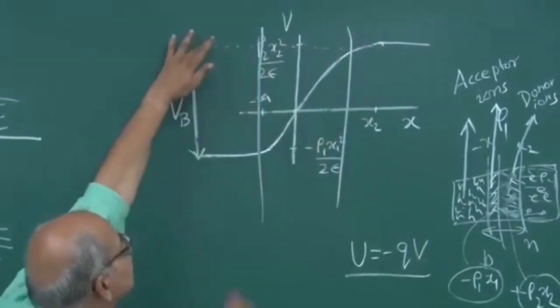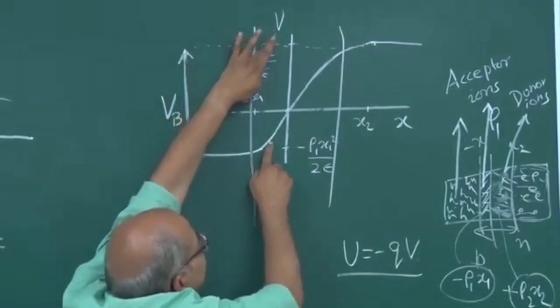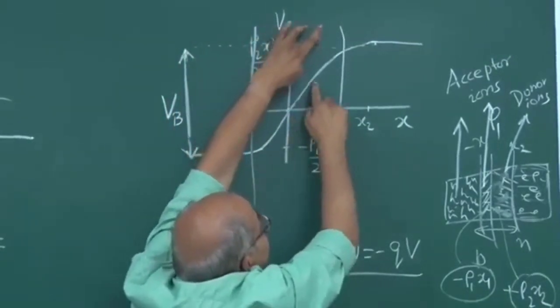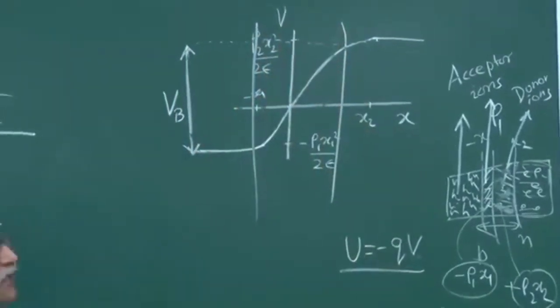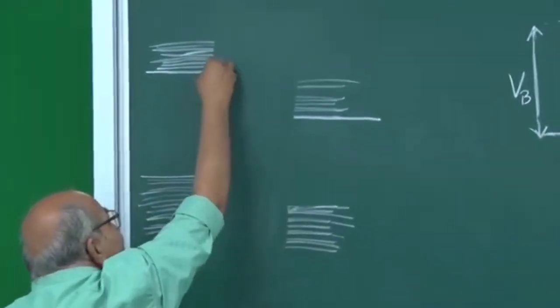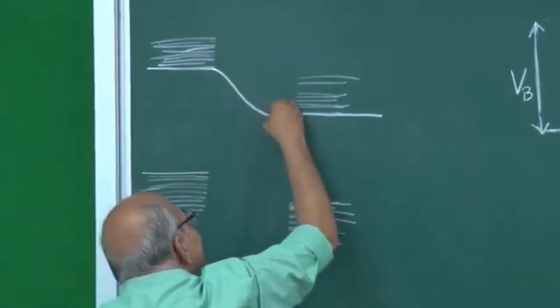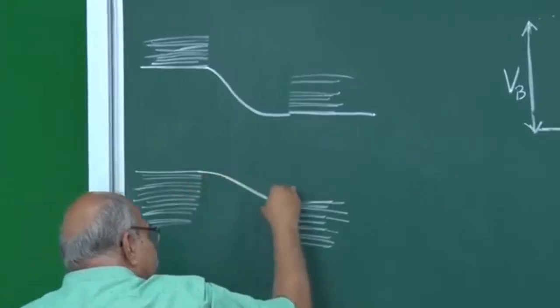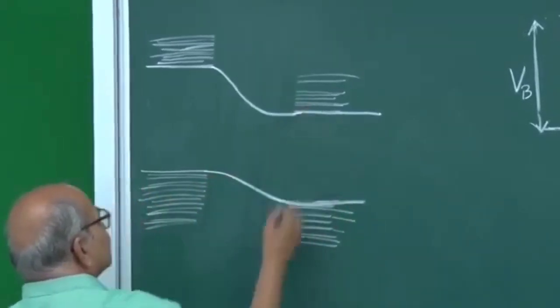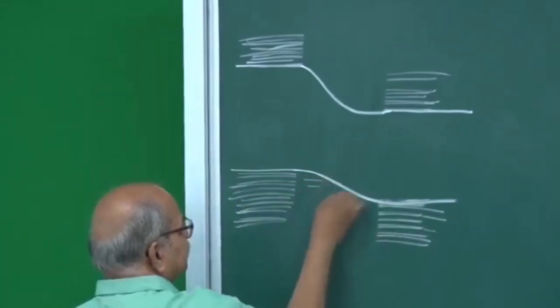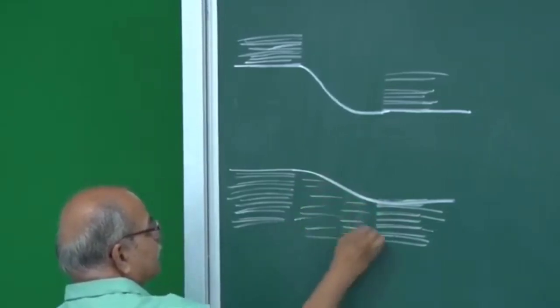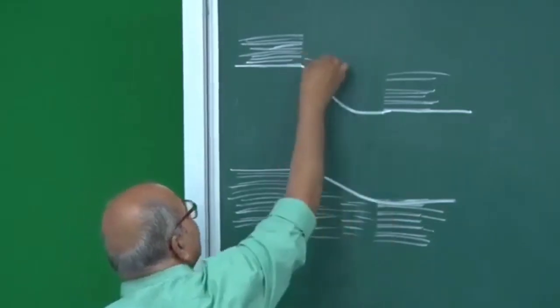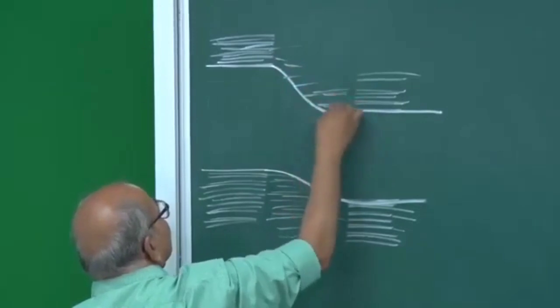So if I take this as the reference, the shift is this much here, this much here, and this much here. So gradually it will come and join here, like this. So that's the kind of energy diagram you will have. These are your valence band energies, and these are the conduction band energies.